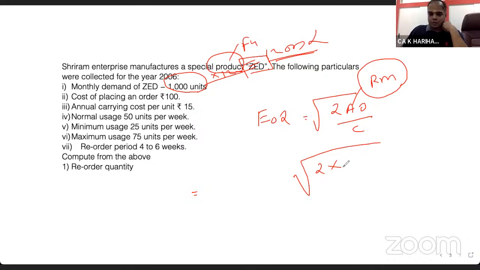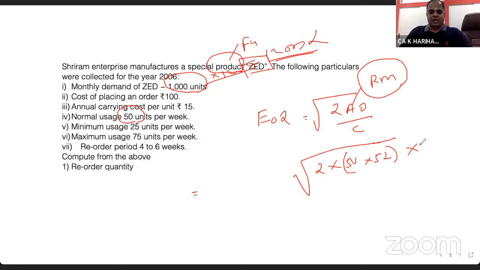So what to do? 2 into requirement of raw material. Normal usage of raw material is how much? 50. Normally 50 units per week. In a year, 52 weeks are there. 50 into 52 is the annual requirement, into ordering cost per order. What about the ordering cost per order? Available or not?